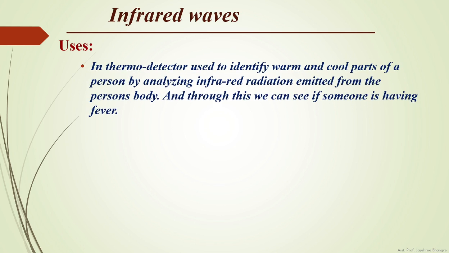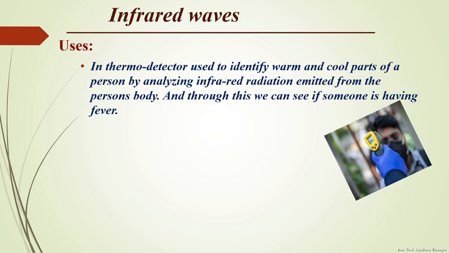A thermodetector is used to identify warm and cool parts of a person by analyzing infrared radiation emitted from the person's body, and through this we can see if someone has a fever. These systems are used more nowadays in the COVID situation to detect temperature.